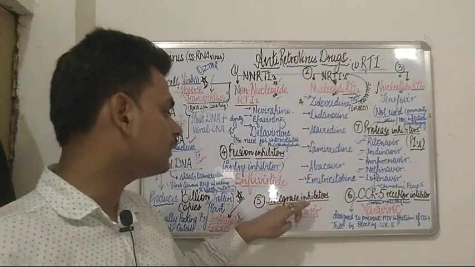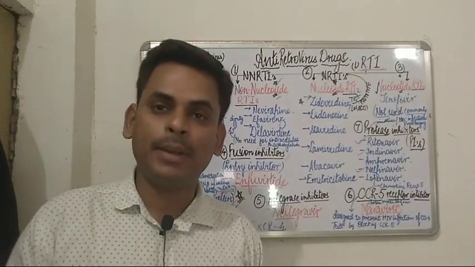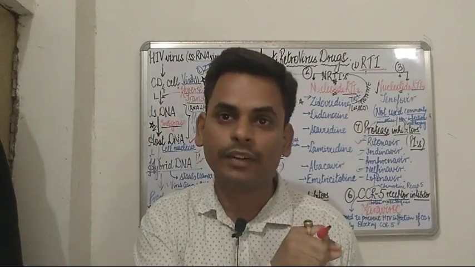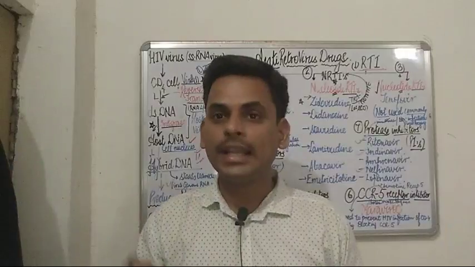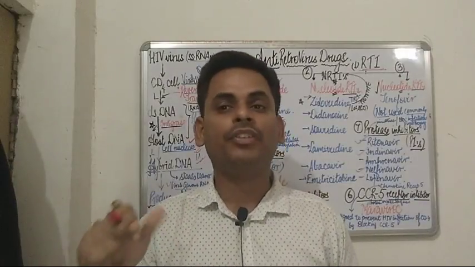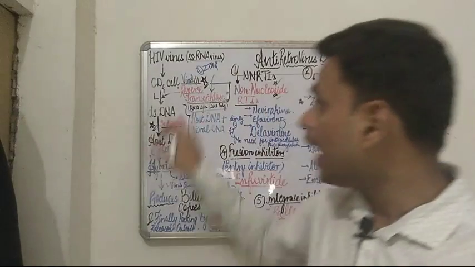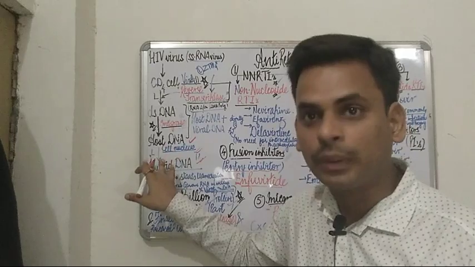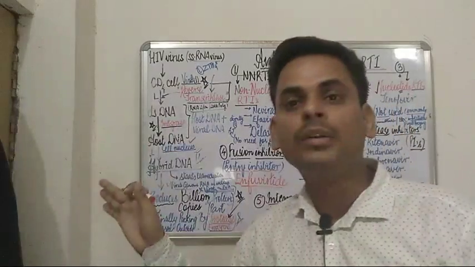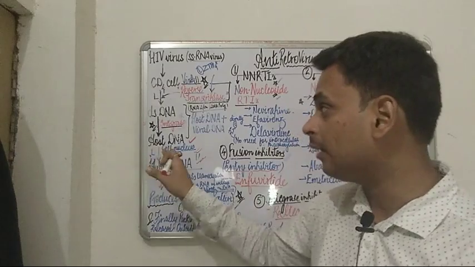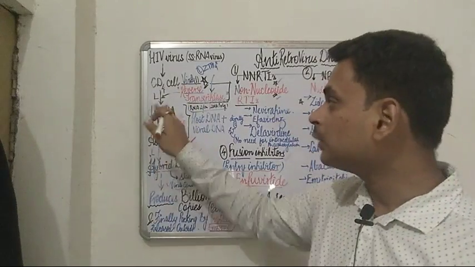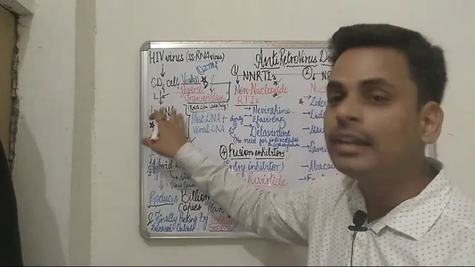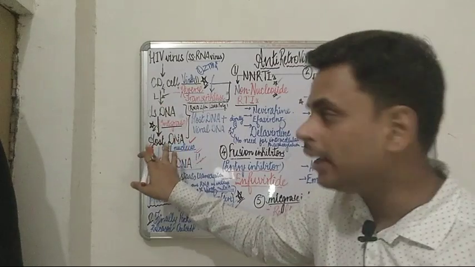Moving on to the fifth class, the integrase inhibitors. As I've already told you, on the template of the single-stranded viral genome, a double-stranded DNA is synthesized with the help of the viral reverse transcriptase enzyme, and this double-stranded DNA translocates into the host cell nucleus, where it combines with and integrates into the chromosomal DNA of the host cell.